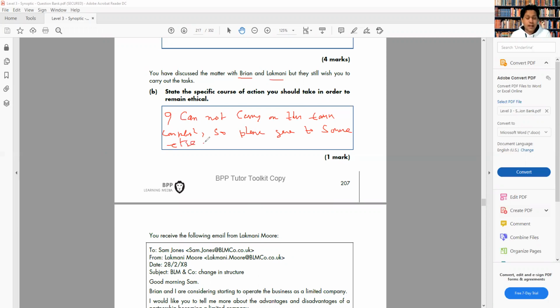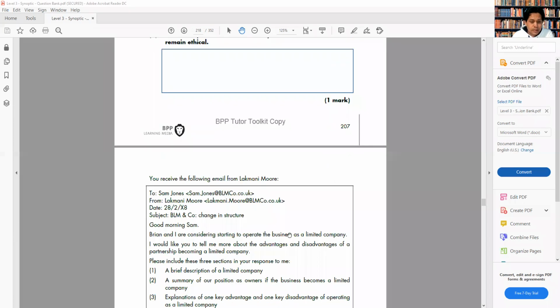I'll tell them I cannot carry on because I don't have enough training or experience to prepare the cash budget, the cash flow statement or financial statement. So can you give it to someone else? That will be my reply for Brian and Lakmani because they are not listening to me.